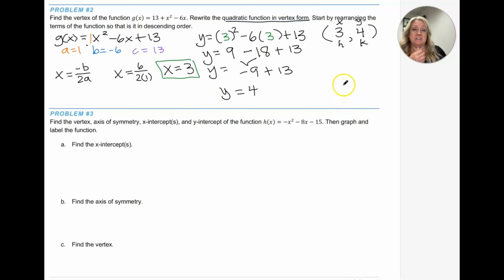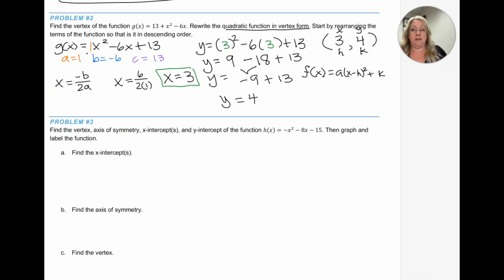but I'm not done because I want to write my answer so that it's in vertex form. So when I do that, my vertex form looks like a times x minus h all squared plus k. And now let's put in what we have there.